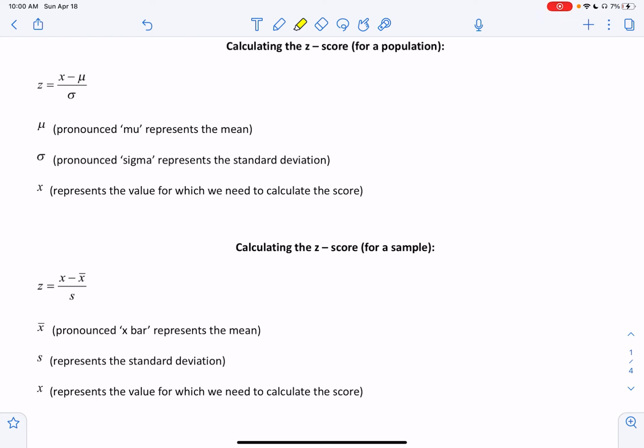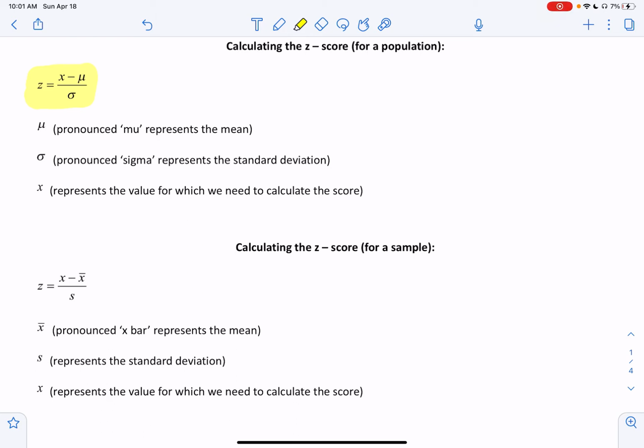So if we're dealing with a population, and a population occurs when we're taking all of the possible people that we're surveying, if I'm looking at continuous data, which we'll do later in the unit, that's when we're looking at populations. But if I do have a population, my formula for my z-score is x, which is my data point or my datum that we're looking at, minus mu, which is the mean of a population, divided by sigma, which is the standard deviation of our population.